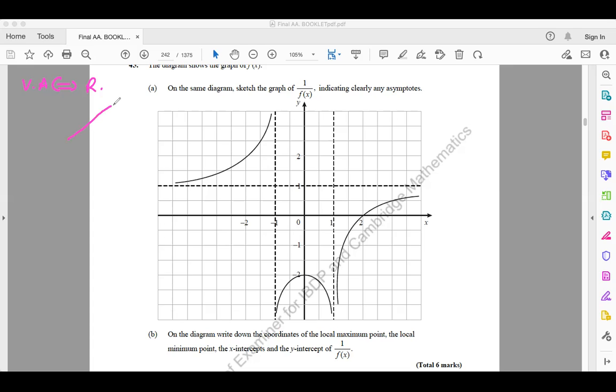If a function is increasing, the reciprocal should decrease. If a function has a minimum value, the reciprocal has a maximum value. If a function has a maximum value, the reciprocal is going to have a minimum value.